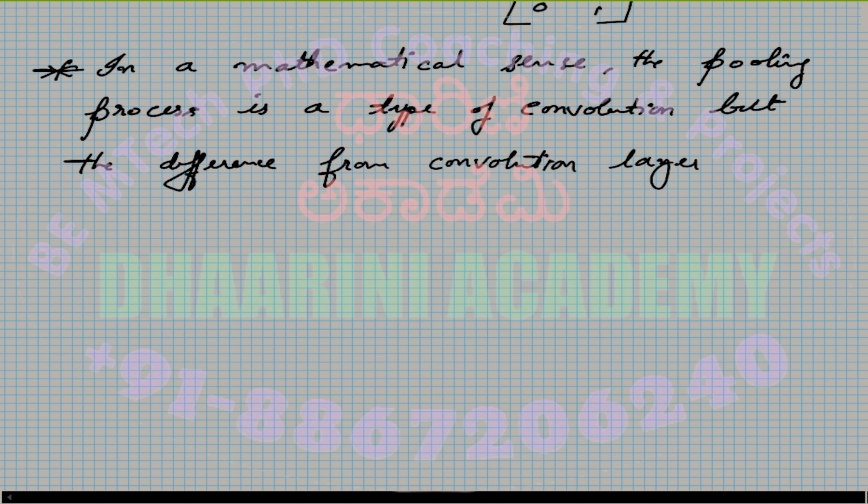Compared to the convolution layer, there is a difference. What's the difference?